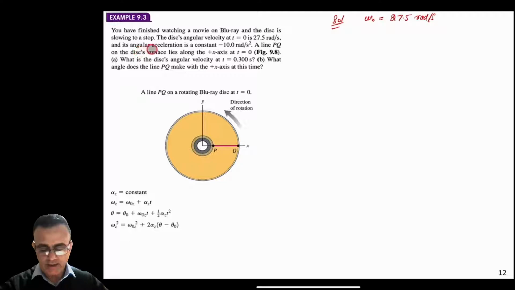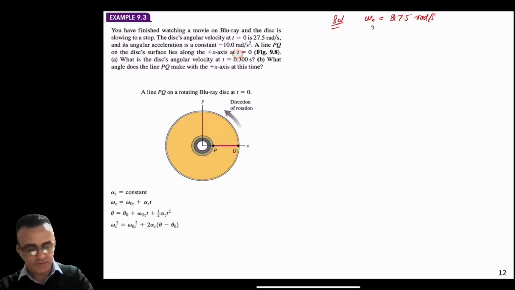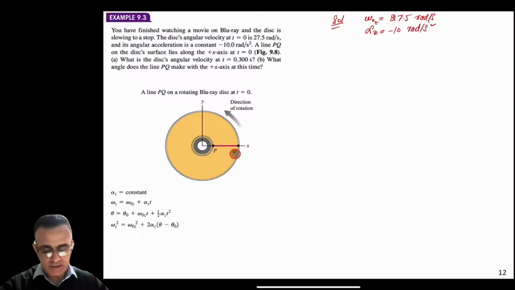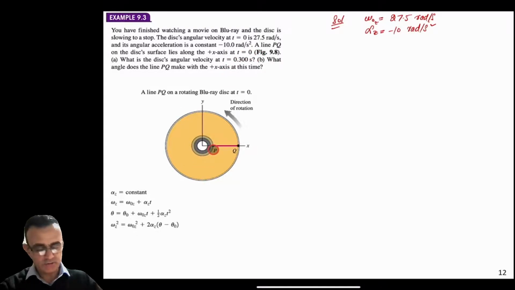And its angular acceleration is constant, which is minus 10 radian per second square. So you can say alpha z is minus 10 radian per second square. And a line PQ on the disc surface lies along the plus x-axis at theta equals 0. So at t equals 0, this PQ is in this position here.